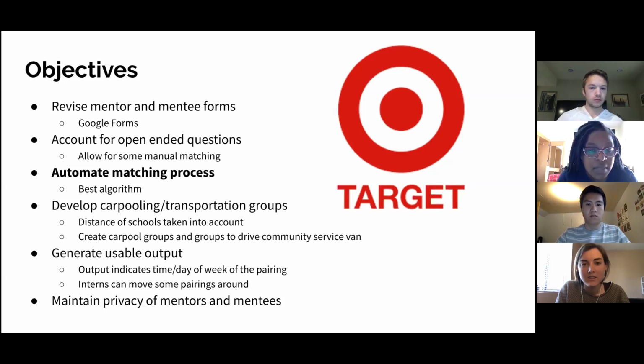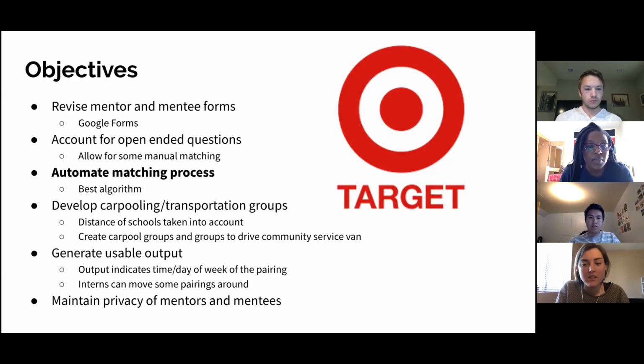Then we developed carpooling and transportation groups, taking into account the distance to schools. And for those who cannot be put in a carpool, being able to put them in a group that will take the community service van.